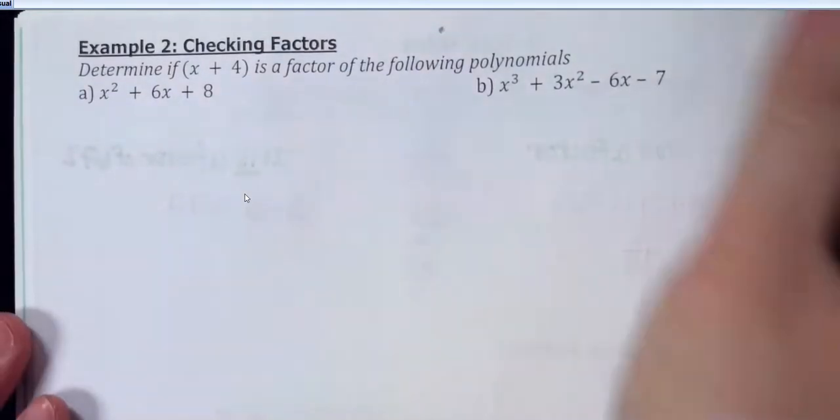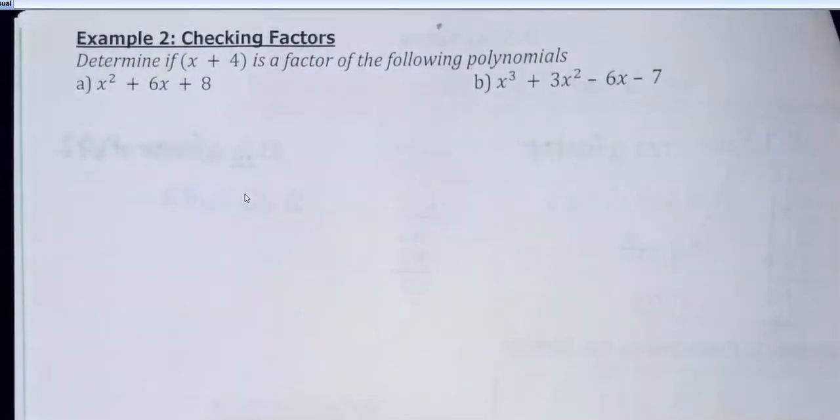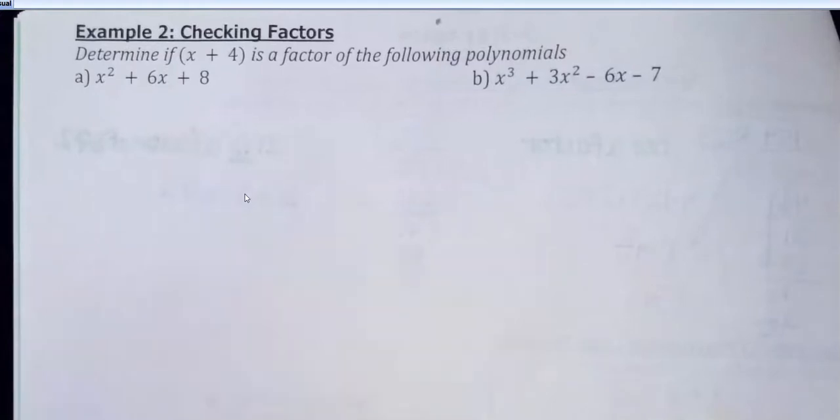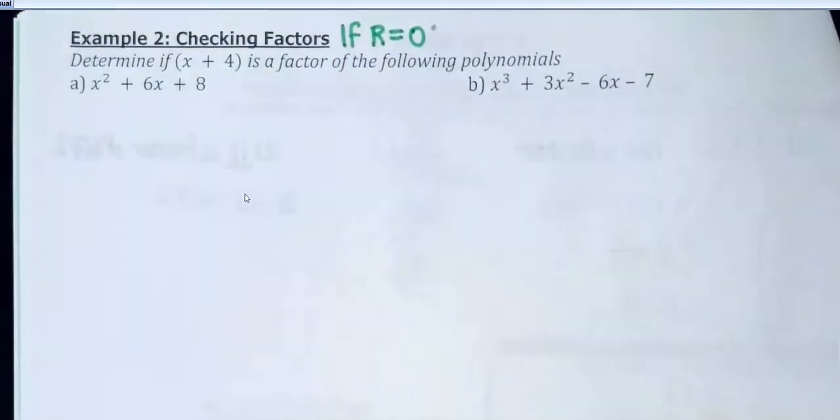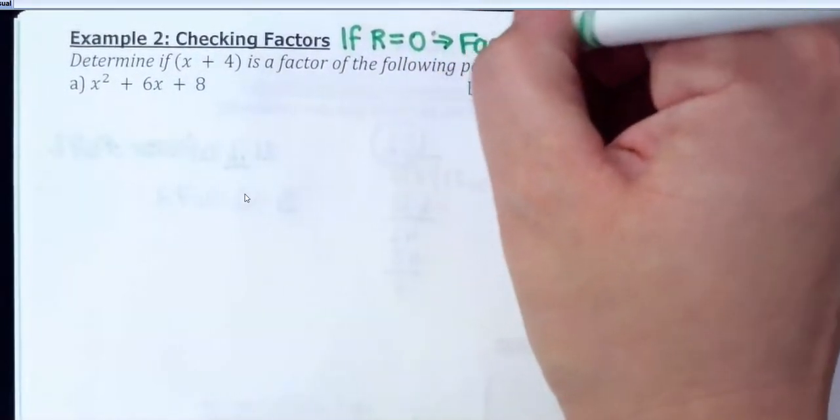All right. Now, there's a couple questions that are going to ask you just to determine if something is a factor. I kind of was mentioning this on the front, but I'm just going to write on the top here a little bit. If your remainder is 0, then that means whatever you divided in is a factor.